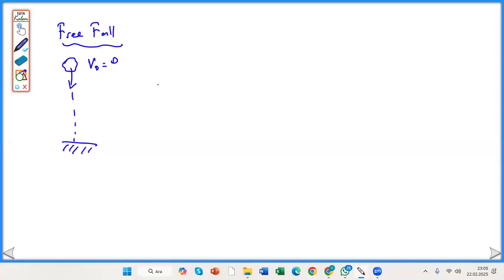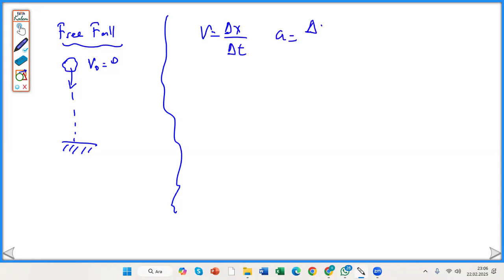In addition to motion in one dimension, I also want to explain some important formulas. For instance, once again, as you remember, velocity is delta x over delta t, and acceleration is delta v over delta t. But I can also show you more complex formulas to help us for different kinds of questions.